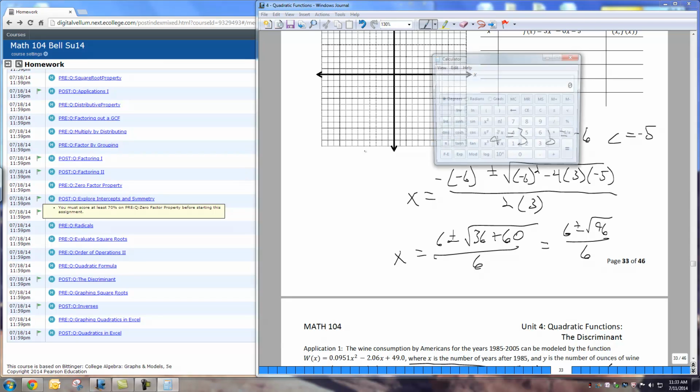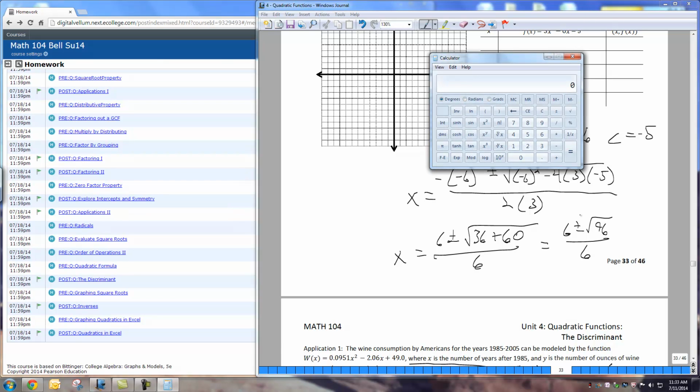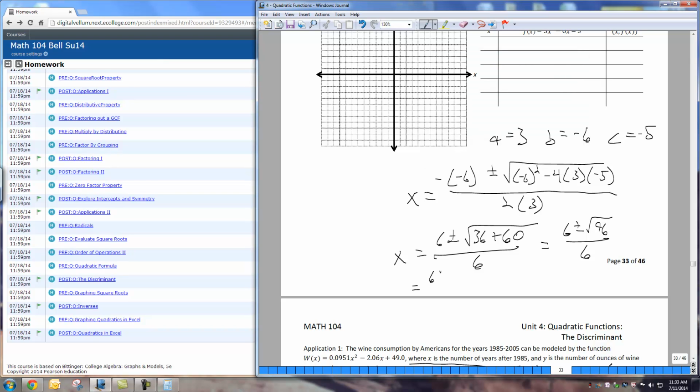And then to simplify it, let's do 96 divided by 16 equals 6. So 96 is equal to 16 times 6. So the square root of 96 equals the square root of 16 times 6.